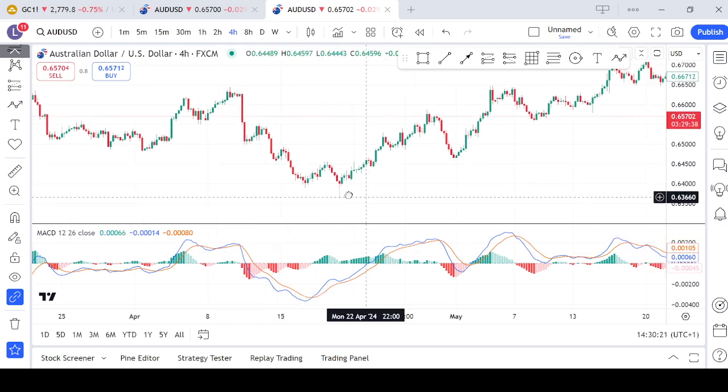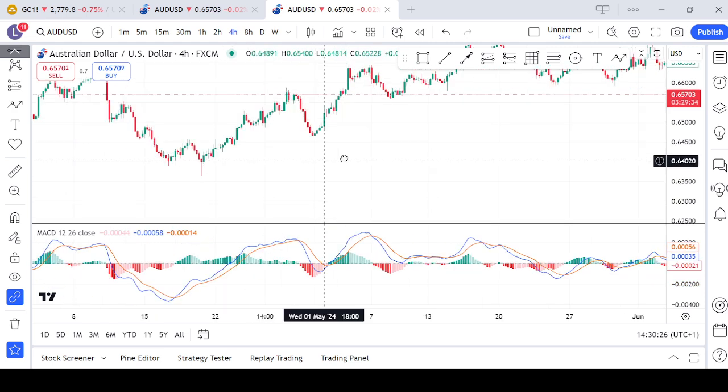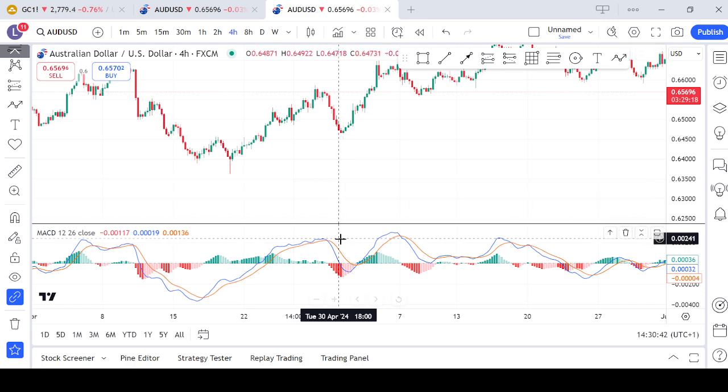The histogram shows the red color or the green color, which is the difference between the MACD line and the signal line. So interpreting MACD signals is straightforward. The MACD line in this case is the orange line, and the signal line is the blue line.